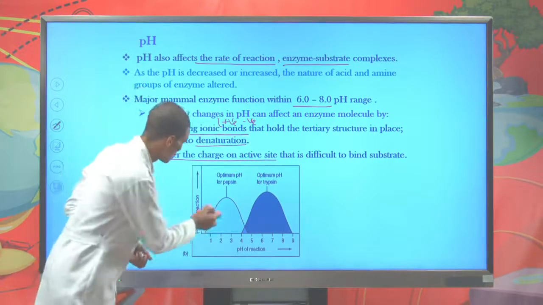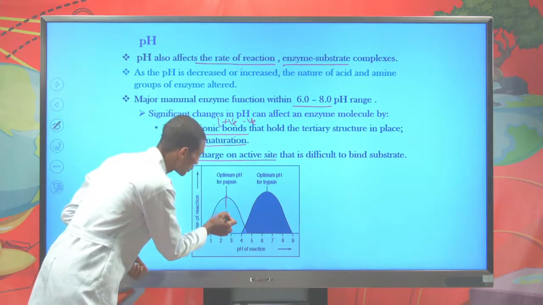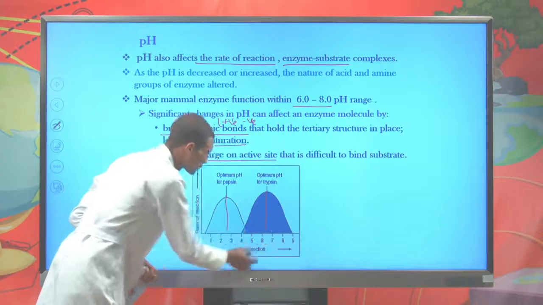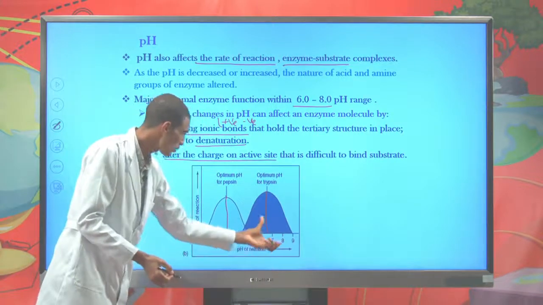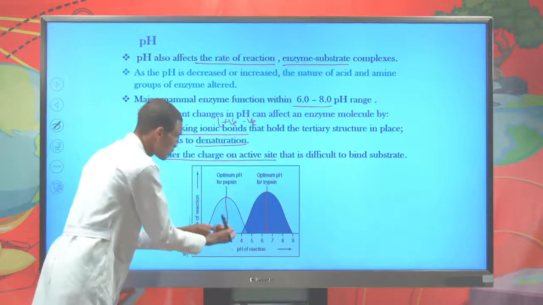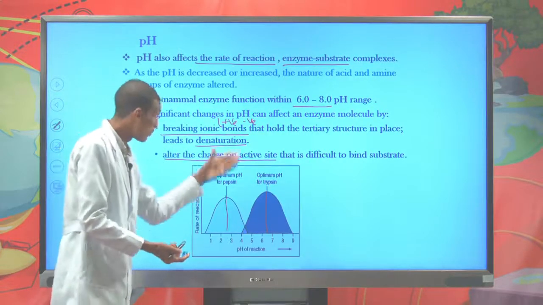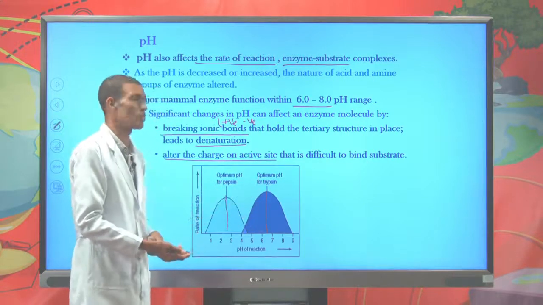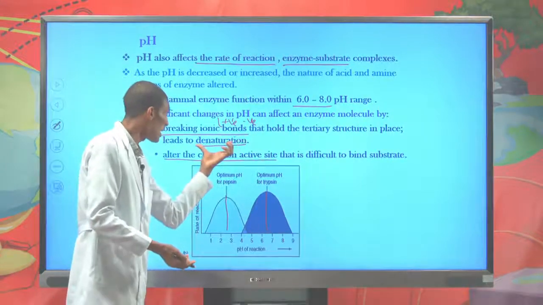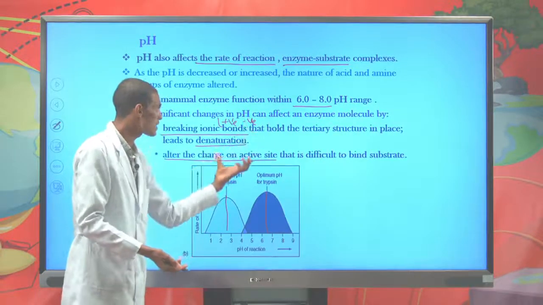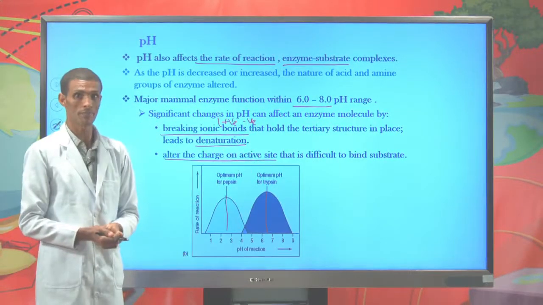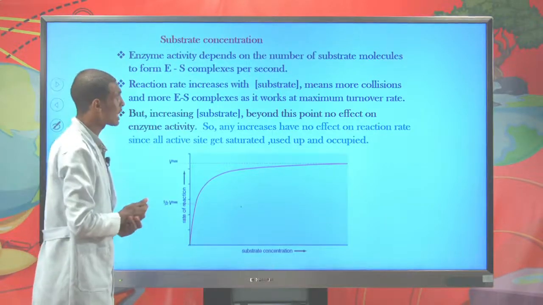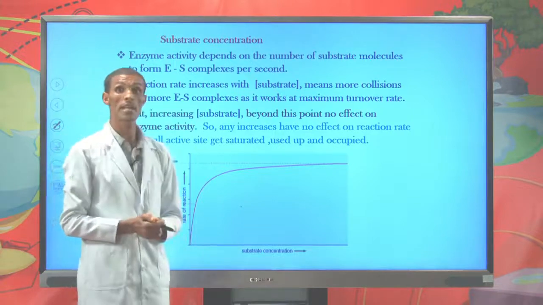For example, the optimum pH at which trypsin works is around 6 to 7, and for pepsin around 2 to 3. All enzymes have their optimum pH at which they work properly, otherwise they are brought to denaturation and charge alteration.